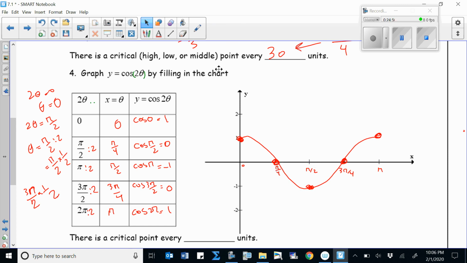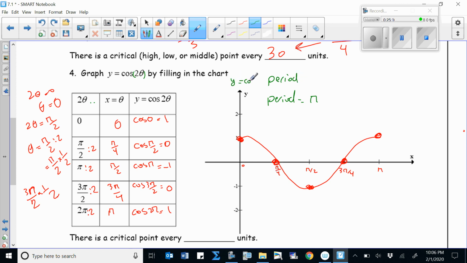Okay, so for this new function, the period is equal to pi, but the period of the parent function, which was y equals cosine of theta, is equal to 2 pi. This one was for cosine of 2 theta.